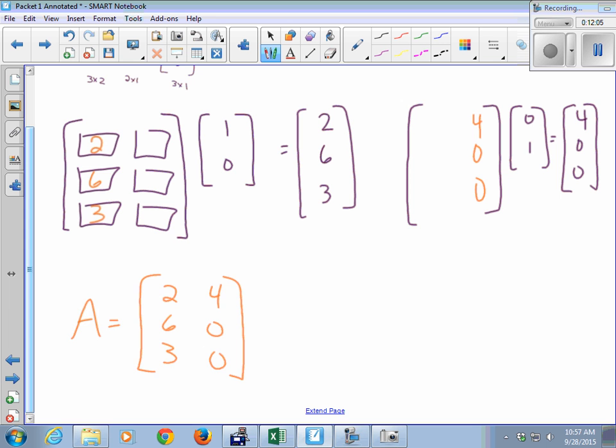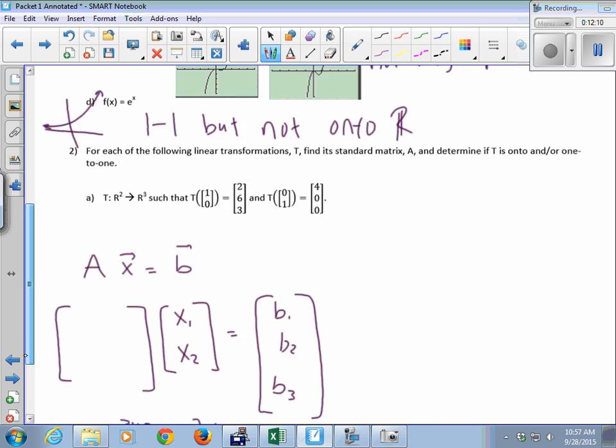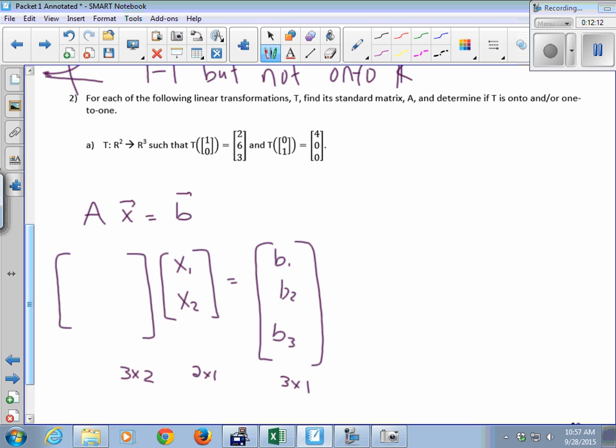So the 2, 6, 3 and the 4, 0, 0 came from knowing what happened to (1, 0) and (0, 1). And those vectors are special vectors, right? They are the columns of the identity matrix. So that's what you want to look for. I gave it to you in this case. If it's not given to you, you want to figure out where the columns of the identity matrix get mapped to.